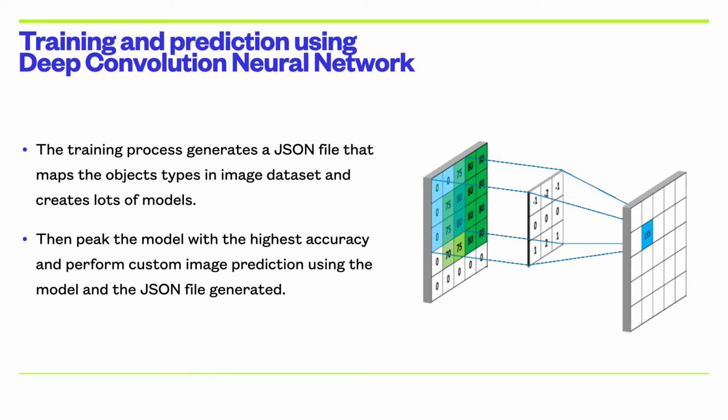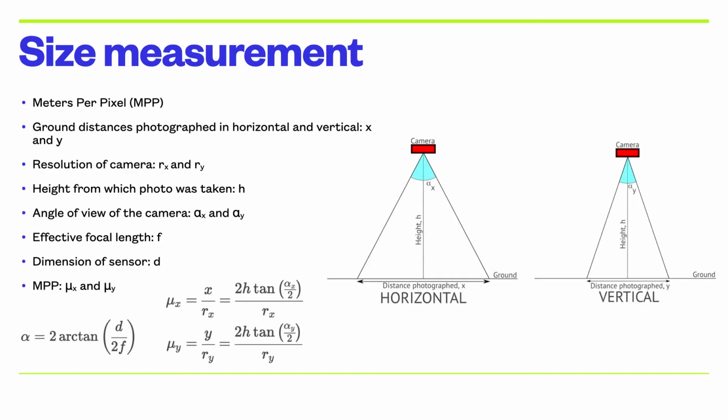So the training process generates a JSON file that maps the object types in the image dataset and creates lots of models. And then it picks the model with the highest accuracy and performs custom image prediction using the model and the JSON file generated. And hence, we have our results. And after that, we also do the size measurement using the photos that got picked out.